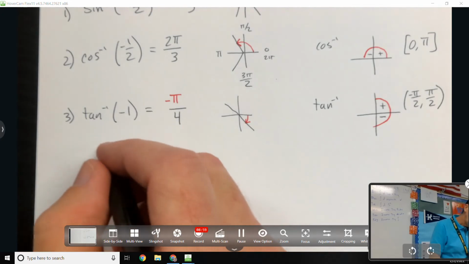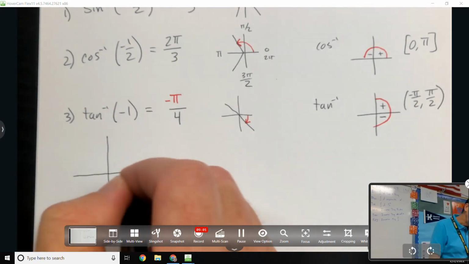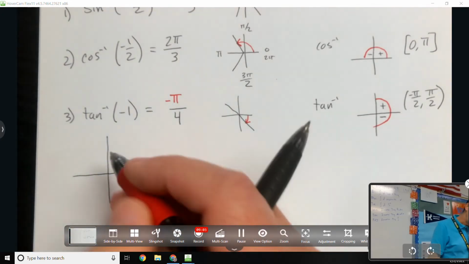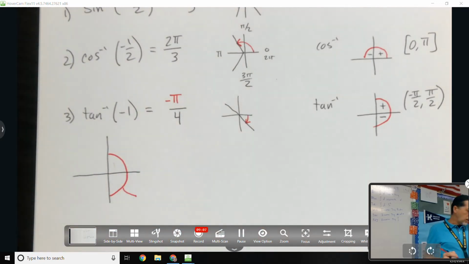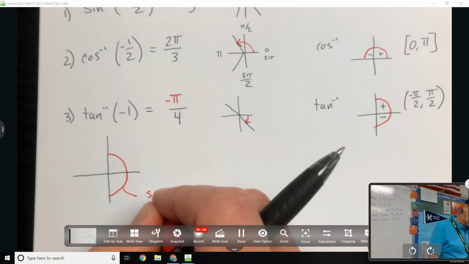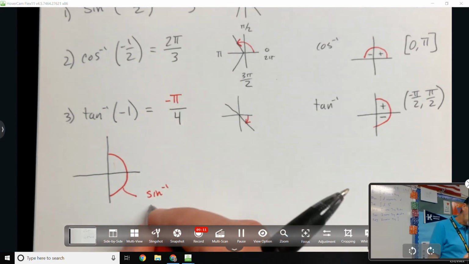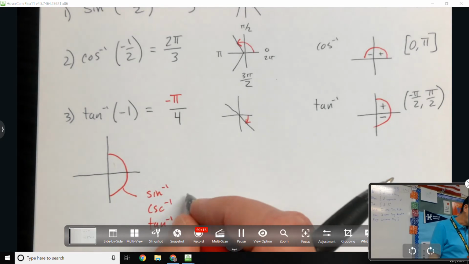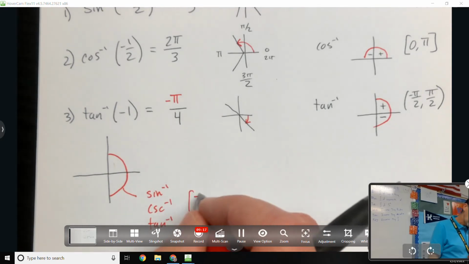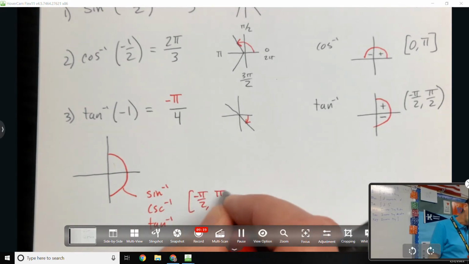In fact, here's the summary picture of this lesson from pre-cal. Inverse sine, inverse cosecant, inverse tangent are quadrants 1 and 4.